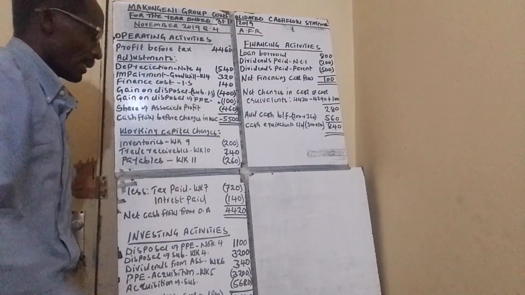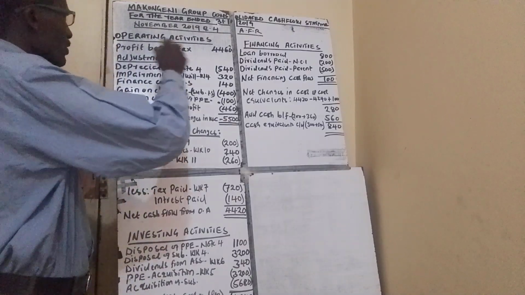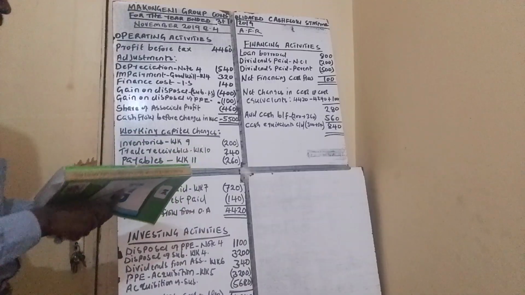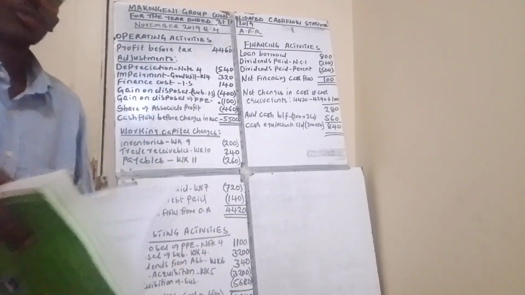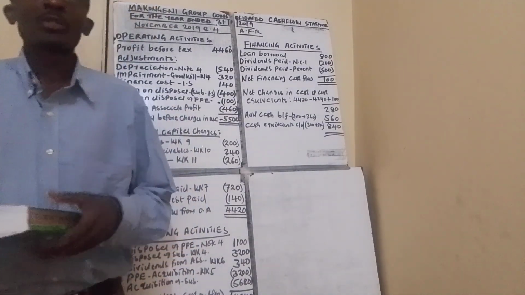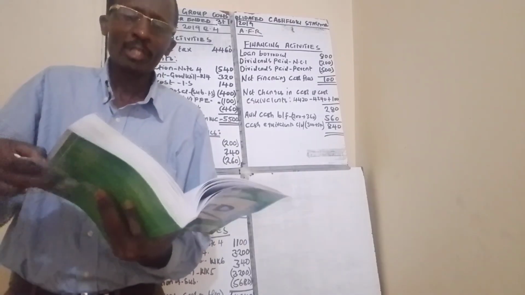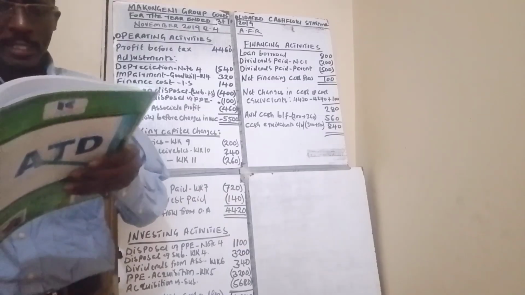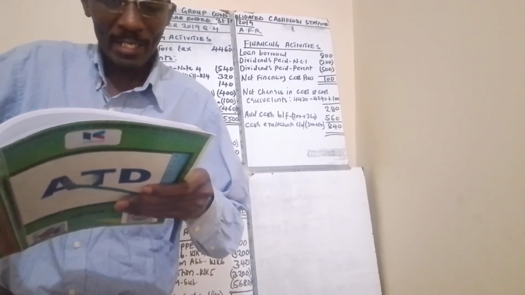As we will illustrate here, you can see that we started with profit before tax. A profit before tax is 4460. 4460, as I've told you, will be provided with a statement of financial position for 2 years and the statement of comprehensive income or profit and loss statement. You go to the consolidated statement of comprehensive income for that company, and then you identify the profit before tax.